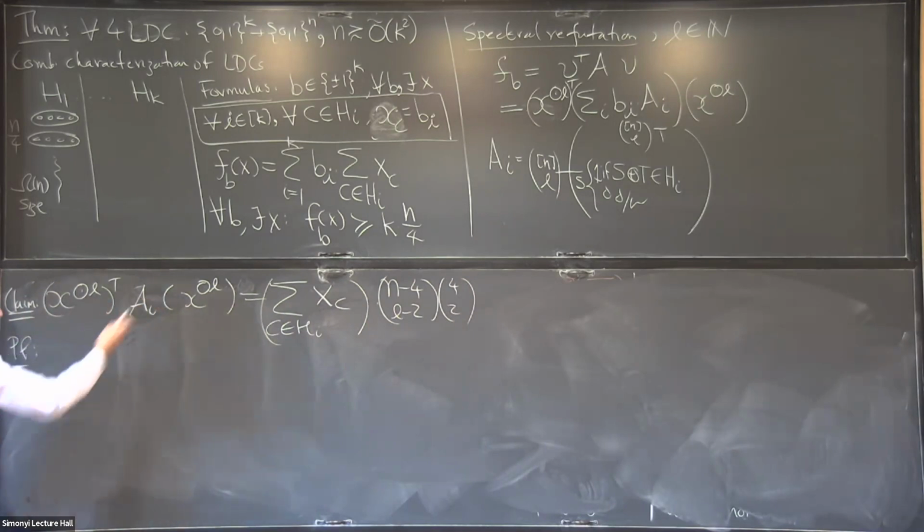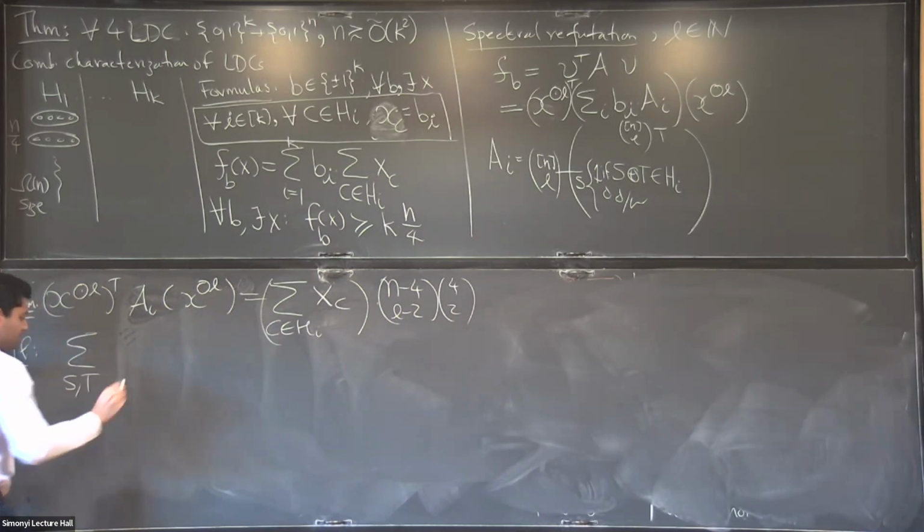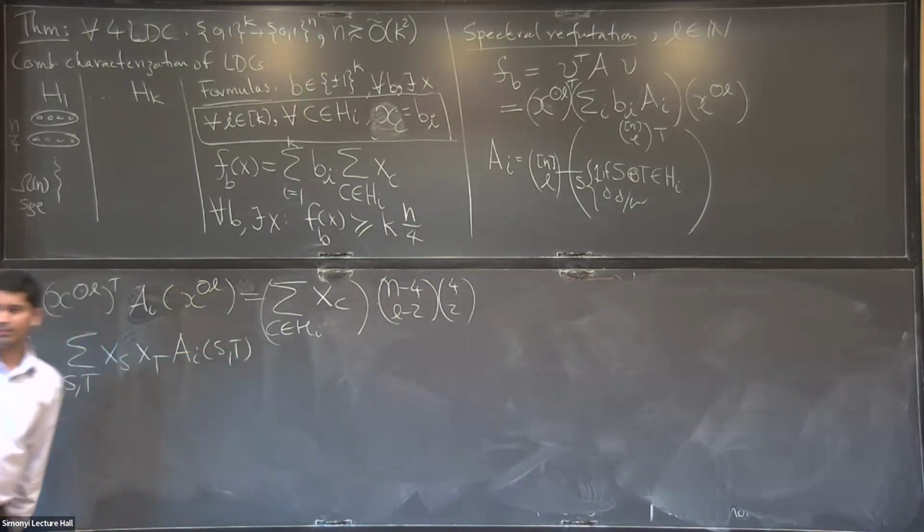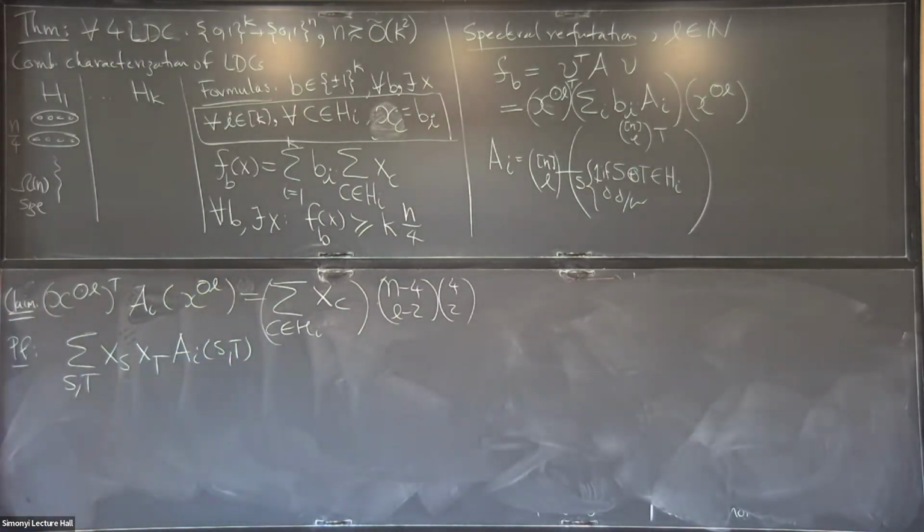If you expand this quadratic form out, what do you get? You get a sum over all possible S, T of size L. Then you get the monomials X_S, X_T from the two sides, and then you get the S,T entry of A_I. But A_I at S,T is non-zero only if the symmetric difference of S and T is one of the C's in H sub I, in which case X_S times X_T is equal to X sub C.